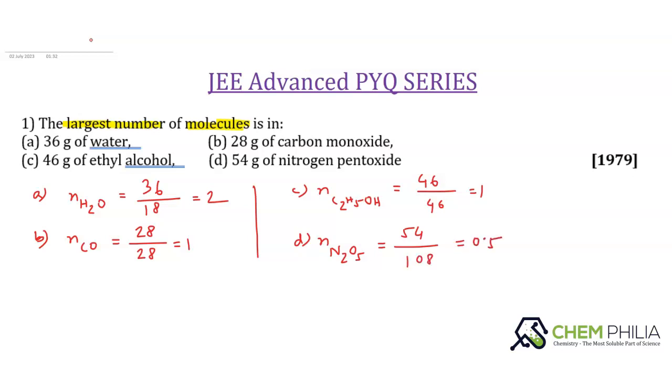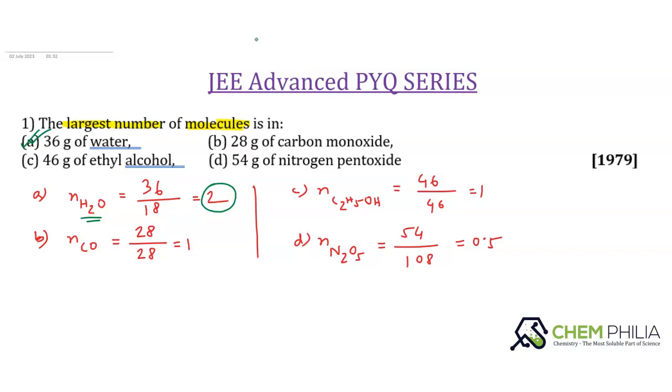So it's 0.5. Now you know that number of molecules is proportional to the number of moles, right? As the number of moles increases, number of molecules also increases. So whoever has the maximum number of moles, that will contain the maximum number of molecules as well. Now which one has the maximum number of moles? It's 2. So option A, that will have the largest number of molecules.